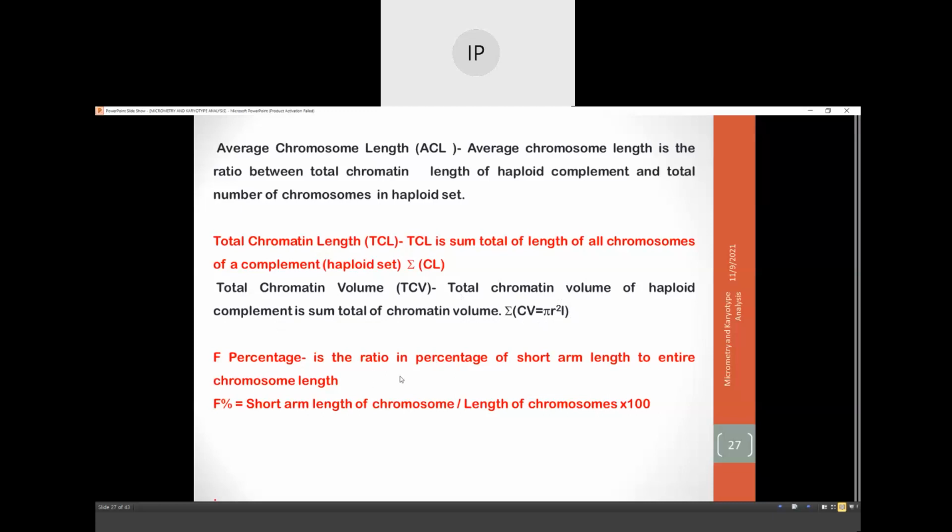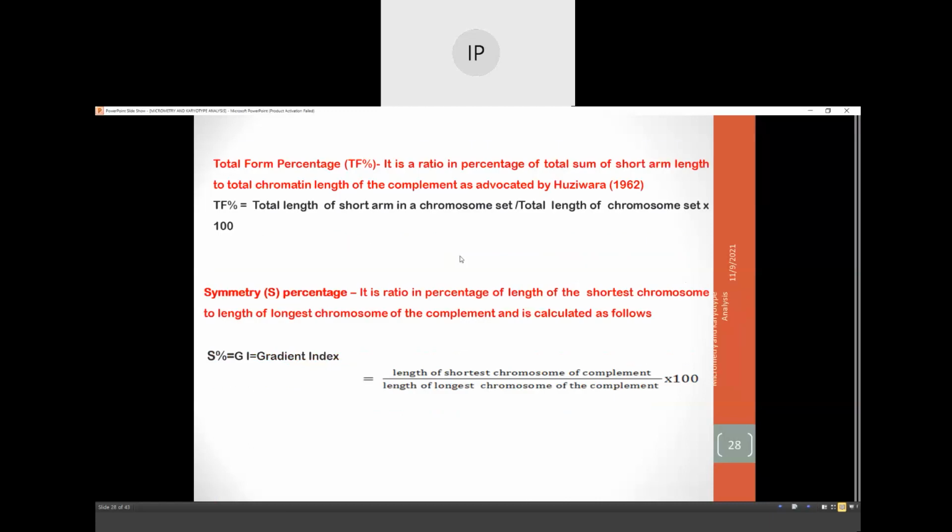F percentage is the ratio in percentage of short arm length to entire chromosome length. F percentage is short arm length of chromosome divided by length of chromosome into 100. Then there is another terminology known as total form percentage, TF percentage.